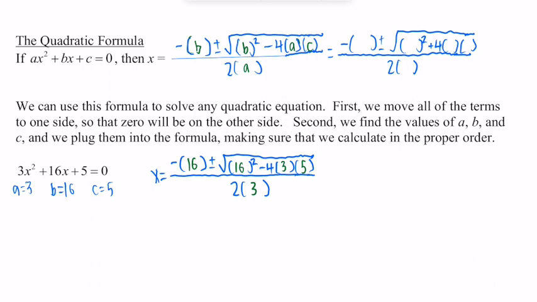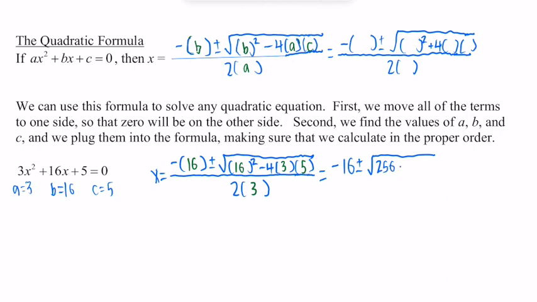And now you want to make sure, don't try to simplify too many things all at once. Students tend to have mistakes when they do that. I like to simplify this first just by doing the squaring and multiplying parts. The first thing on the top, we would have the negative of 16 is just negative 16. Then plus or minus a square root. Under the square root, 16 squared is 256.